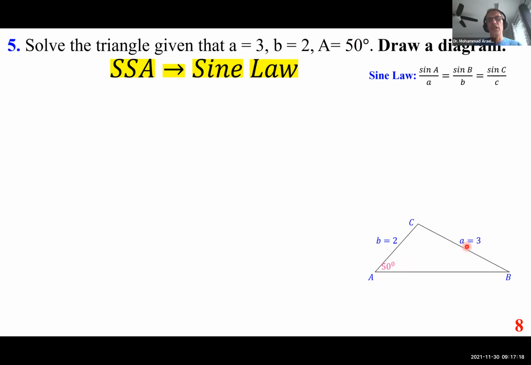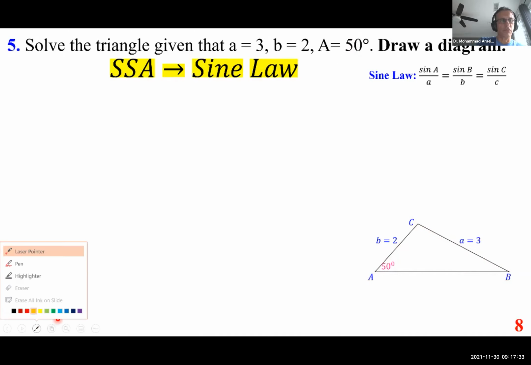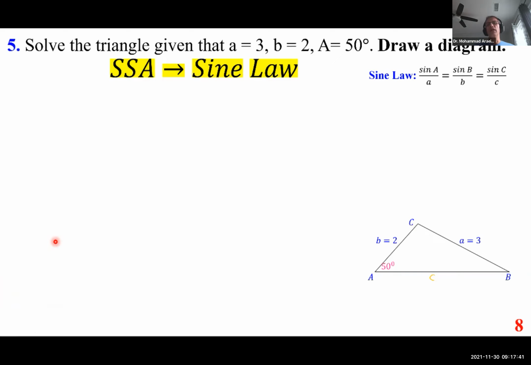This is lowercase a, which is 3, opposite that. Lowercase b equals 2, so the opposite is angle B. And if this is C, this is lowercase c. We can put it there if you like. So this is lowercase c, which is again missing. So we are going to solve that by using the sine law, and we can write all of them in one shot.